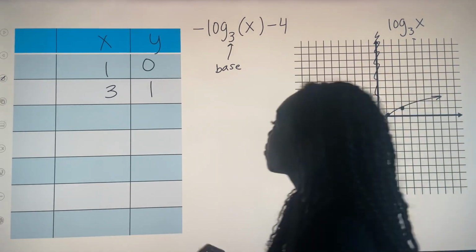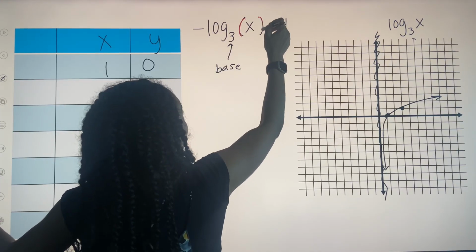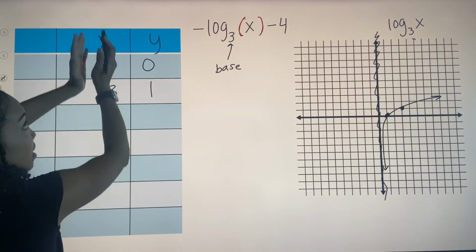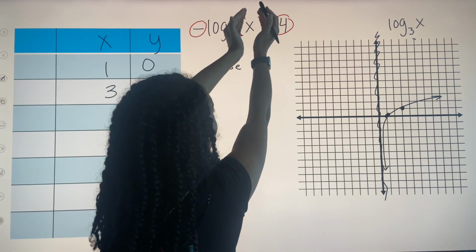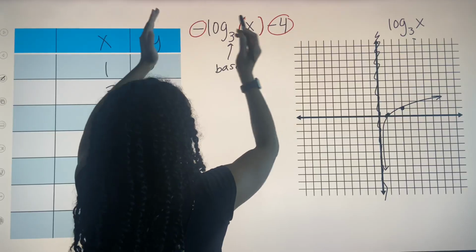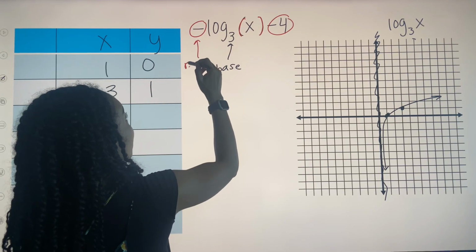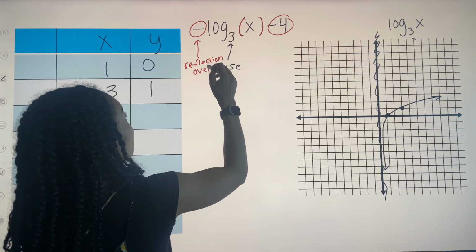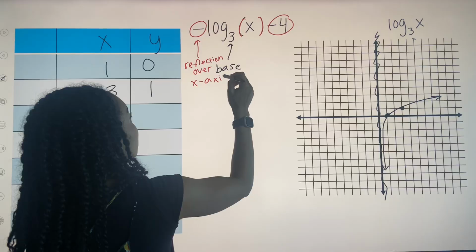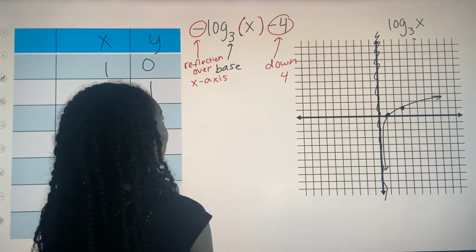Okay, so let's write down the transformations. Nothing is in here with x, so nothing affected the x values. My transformations are outside of my parentheses. So these affect the y column, okay? This is a reflection over the x-axis. This went down 4, okay?